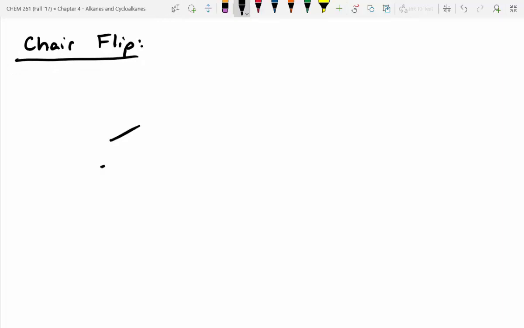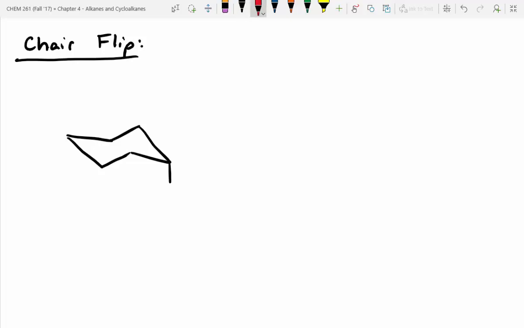All right, so I'm just going to draw a really simple chair with two substituents coming off of it, right? So I'll just pick substituent coming off there. Is that going to be axial or equatorial? Axial. Axial, okay.